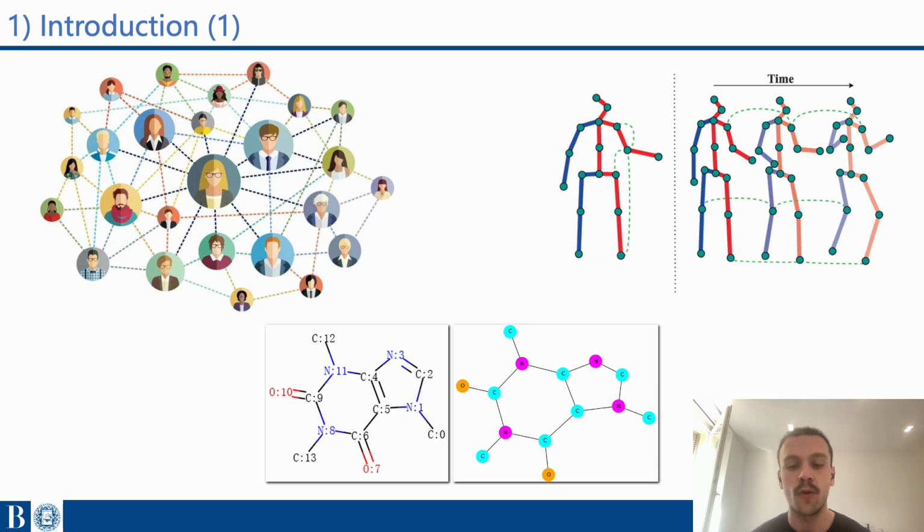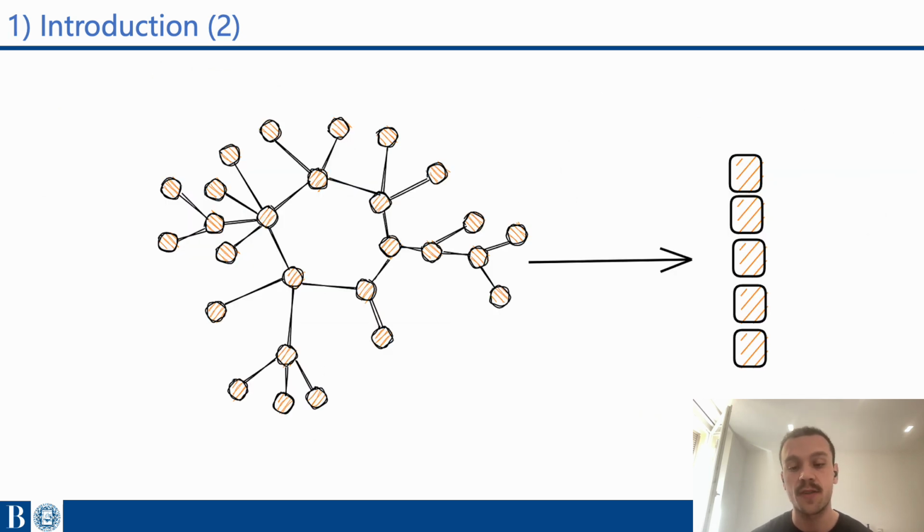And one common task that is pretty often necessary with these data types is solving a graph level task, where essentially you have a graph and you want to translate this graph into some sort of representation that can uniquely embed your information or the signal in the graph into a vector.